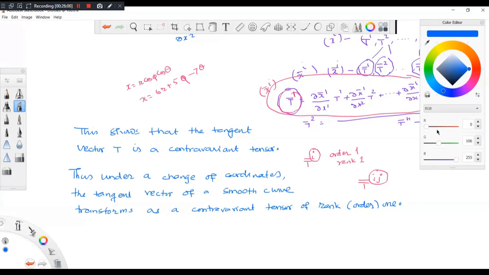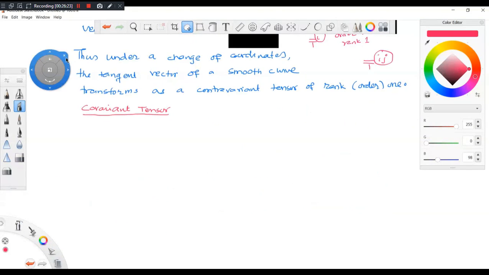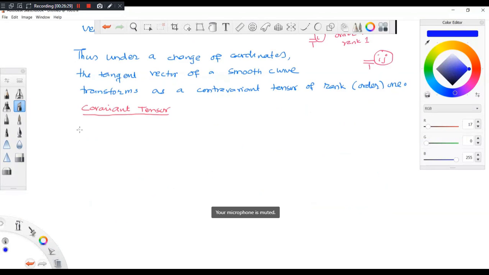Now, the next one, another type of tensor, is called covariant tensor. This is also similar, and then I will tell you the difference. What is the difference between them? The vector field, I first give you the definition of that.